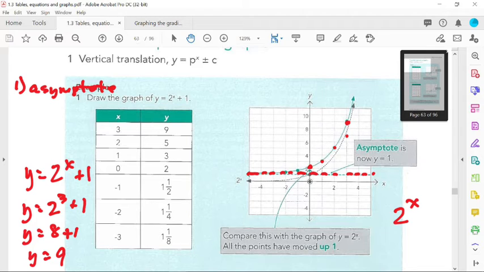You're adding 1. Yes? If the coefficient was 1, how would that? Don't worry about it. It's not going to happen. If the base is 1, everything you're going to get is a 1. So it's not going to happen to you. But it would just be like a horizontal line. So you get a line.